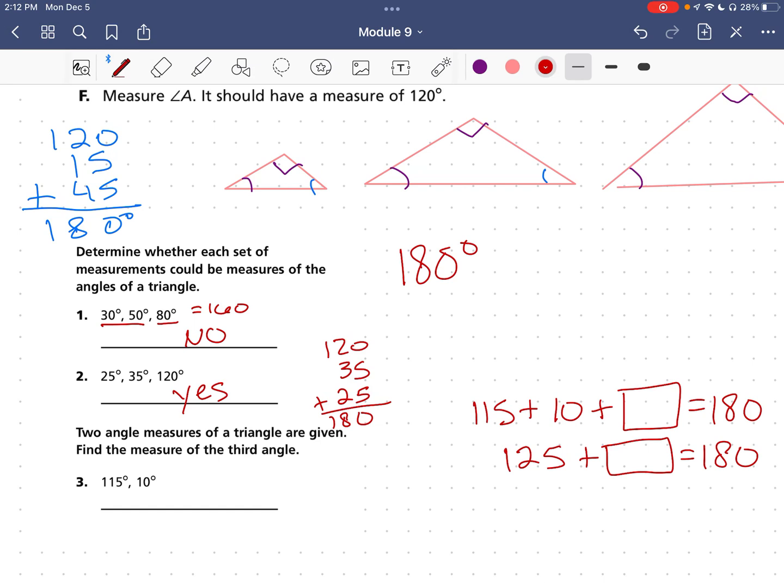How are we going to solve for that missing piece? We could subtract, since we're solving equations here, and we would have that x, or that missing piece, equals 55 degrees. And if you wanted to check, add up your 115 plus 10 plus 55 degrees, and that should equal 180.